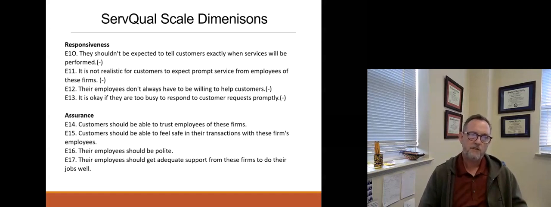Responsiveness, so if you're in a service experience, do the service providers give you answers quickly? Do they help you promptly? Those types of things. Again, these are survey questions you can ask in a Likert scale, like agree to disagree, or some type of a scaling method that you can do on a survey.